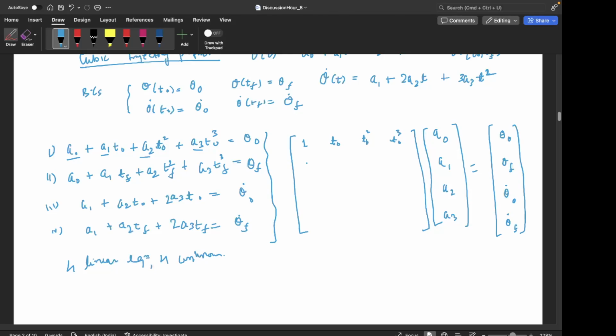Then for the second it would be 1, tf, tf square and tf cube. Then it would be 0 because the first coefficient is gone. Then 1, then t0 and tf here, and then here 2 t0 and here 2 tf.